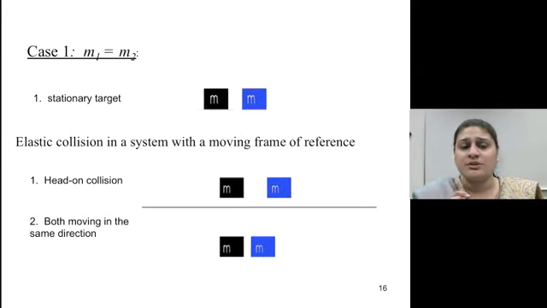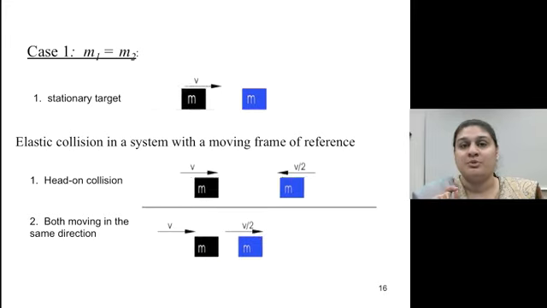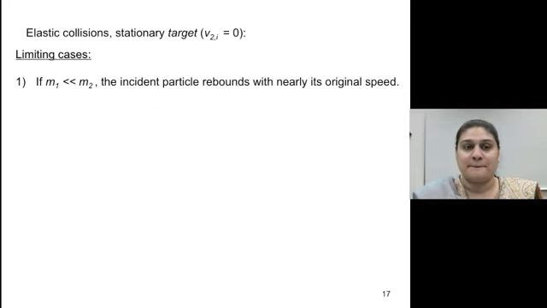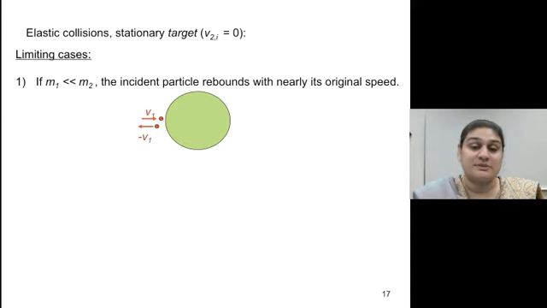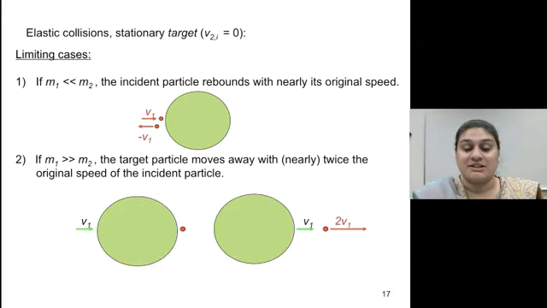Note, during an elastic collision, both kinetic energy and momentum are conserved. In the limiting cases, if m1 is much smaller than m2, the incident particle will rebound with nearly its original speed and nothing will happen to the target. If m1 is much greater than the target mass, as in this case, you see a big mass coming and colliding with a little mass.